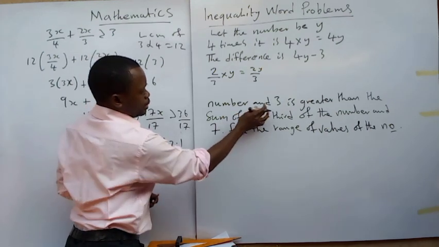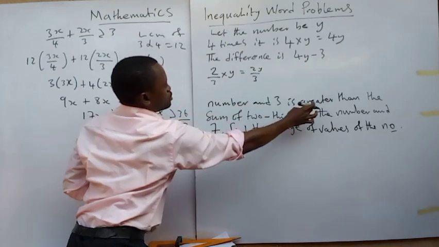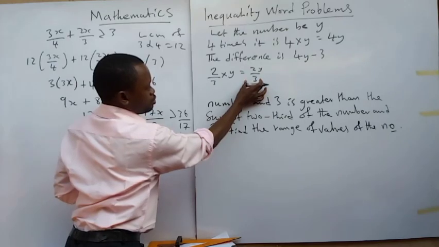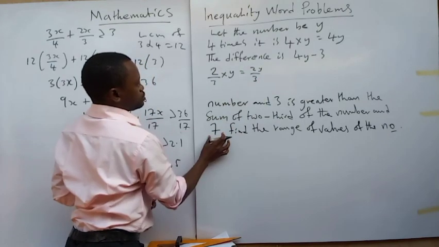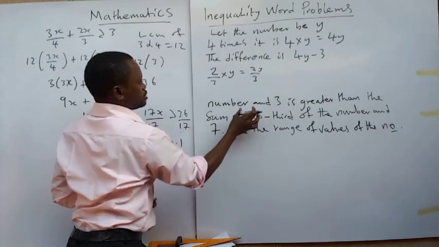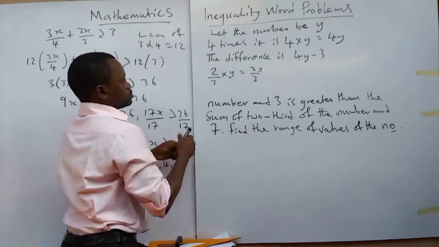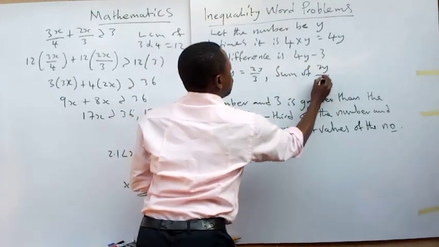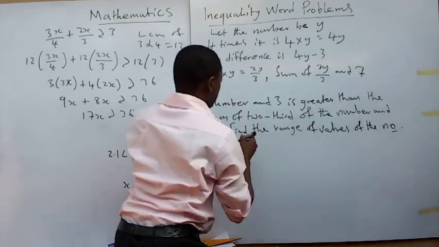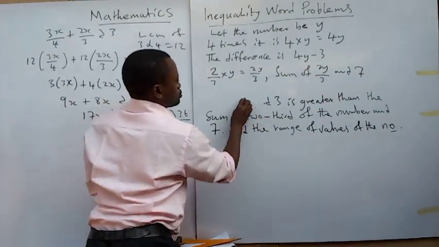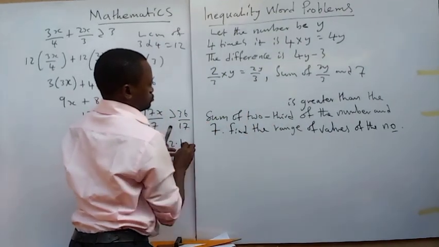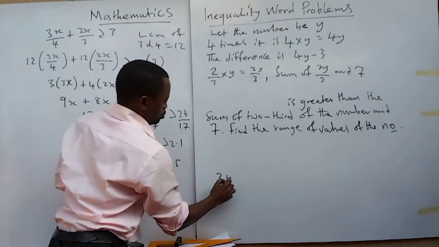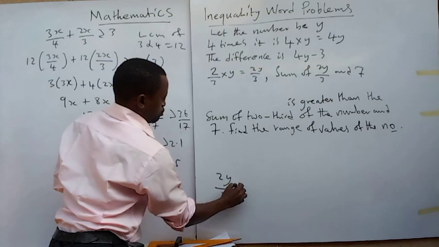So this quantity now is greater than the sum of this, 2/3 of the number, and 7. The sum of 2y over 3 and 7 simply means 2y over 3 plus 7.